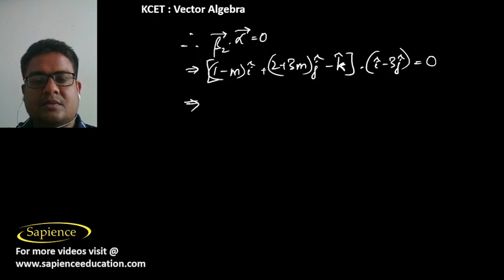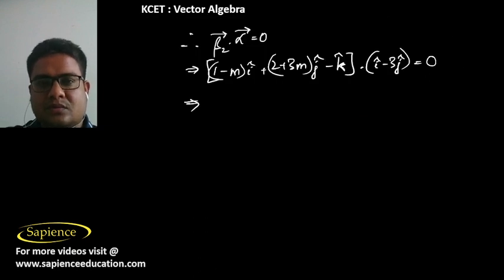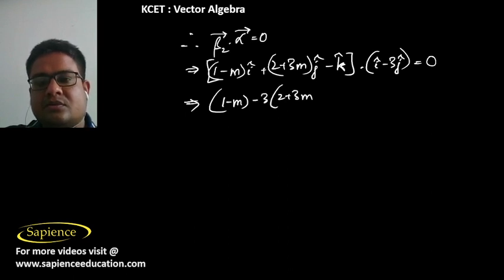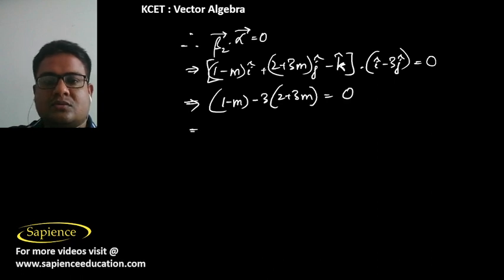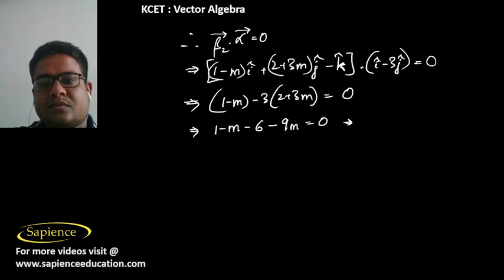So this is 1 minus m minus 3 into 2 plus 3m, that should be equal to 0. Minus 6 minus 9m, that is equal to 0.